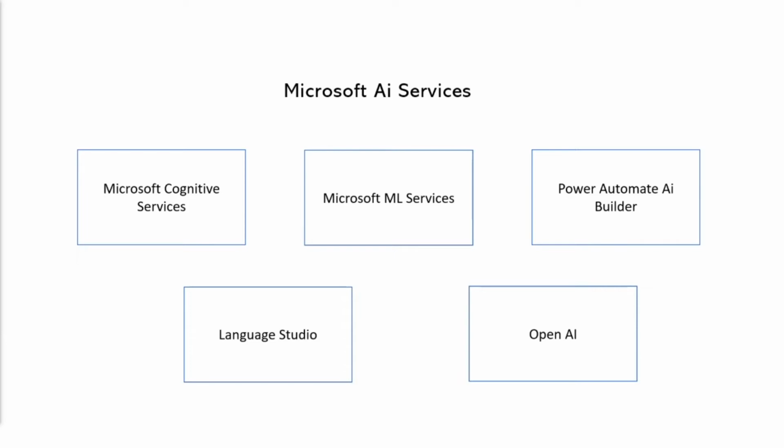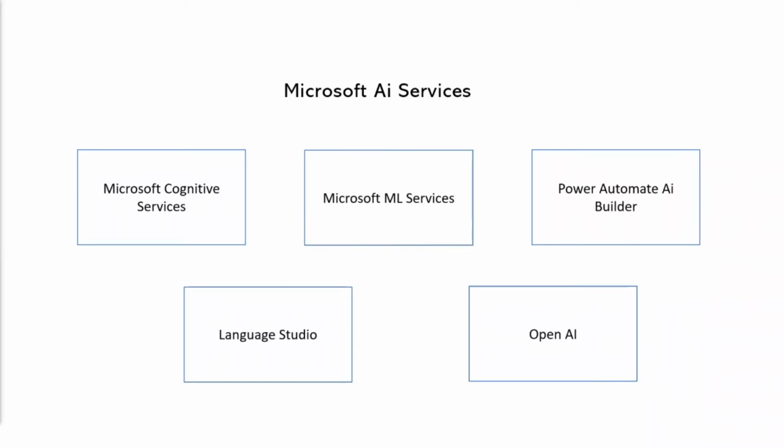From doing the feature engineering to deploying the model to doing iterative training and all of that. So Microsoft ML Services has many sub features under it, where when you need to develop your own model with your own localized data, it has the tools and capabilities to make your life easy in order to develop a model quickly.